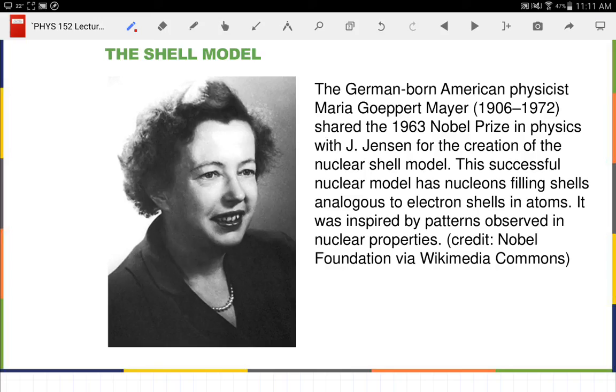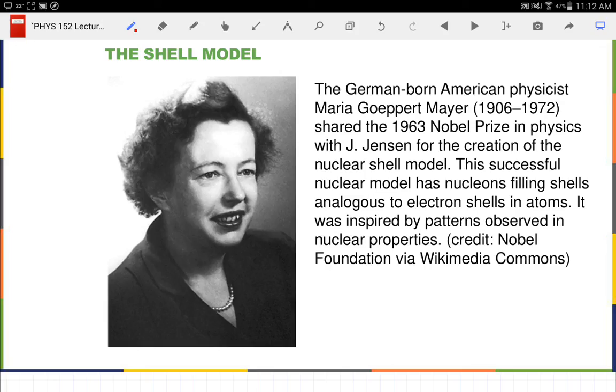Well, she did this during the Cold War era. And so during this time, everybody's building bombs, and nobody's trusting anyone. And so the Russians get this report of the shell model, and of course, we have the atomic bombs that have just been developed, and they're thinking, it's the bomb model. There's something about bombs in the nucleus.